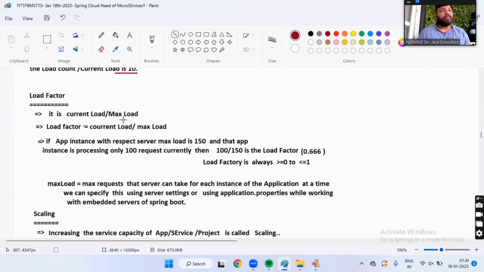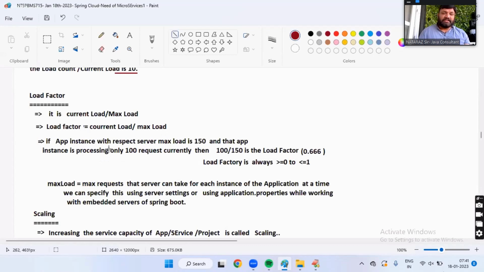Current load is 10, max load is 150. What is the load factor? 10 by 150. It's always a decimal number. Load factor is equal to current load by max load.